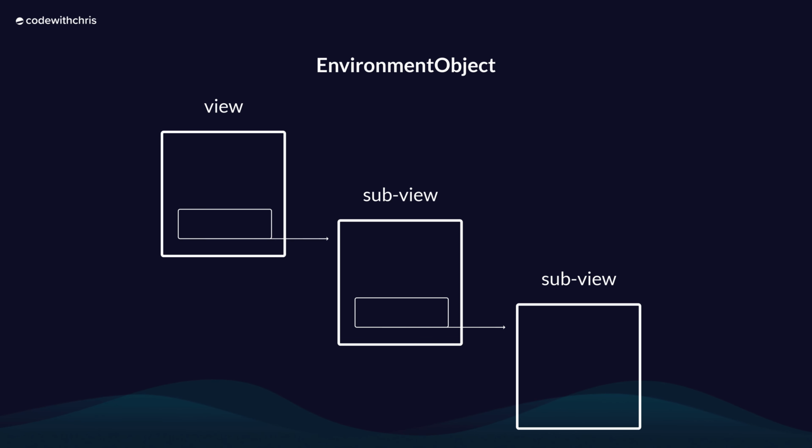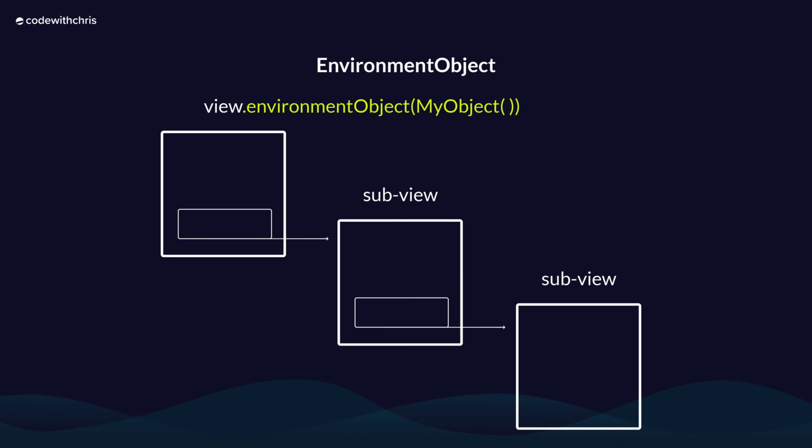So there are two parts to environment objects. One is a way to create an environment object, and then the second part of it is a way to access that environment object. So first of all, to create an object and attach it as an environment object, you use the environmentObject modifier, like you see in the yellow text here.